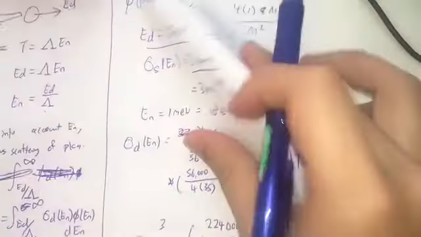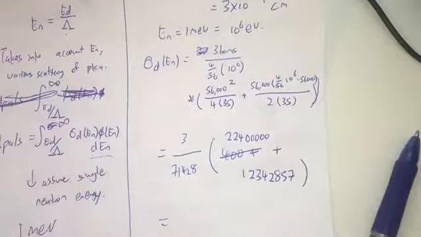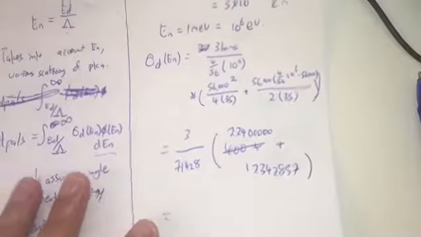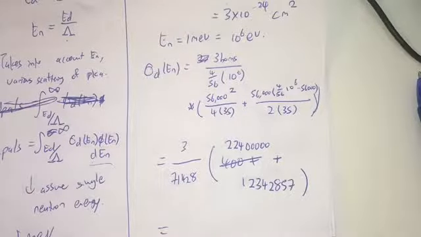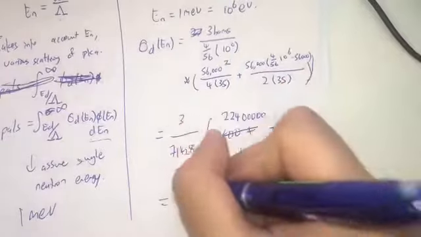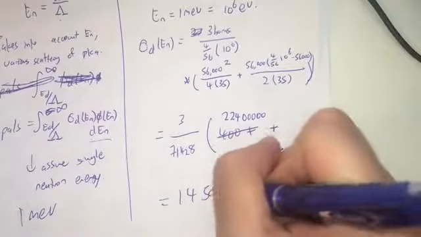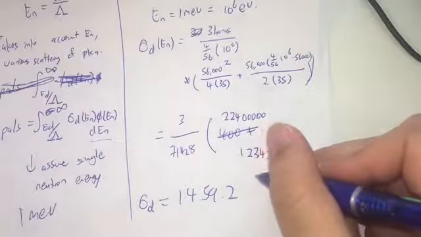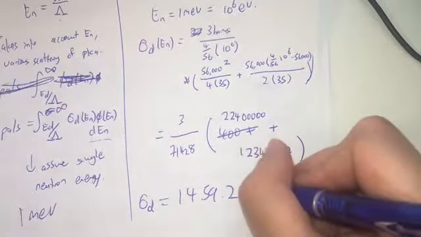Just substituting numbers there. And then all we have to do is sum these two numbers up and divide by the denominator here, and then we times 3. Okay, we will have a displacement cross section of about 1459 barns.